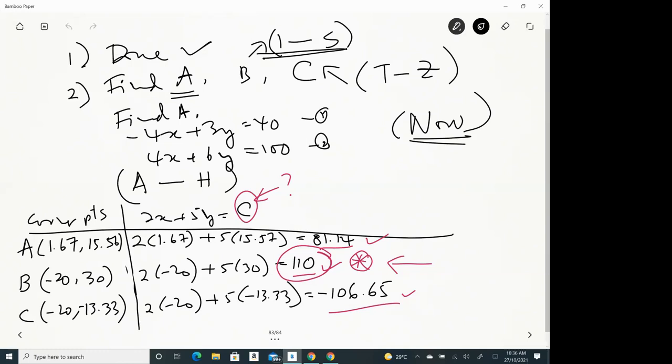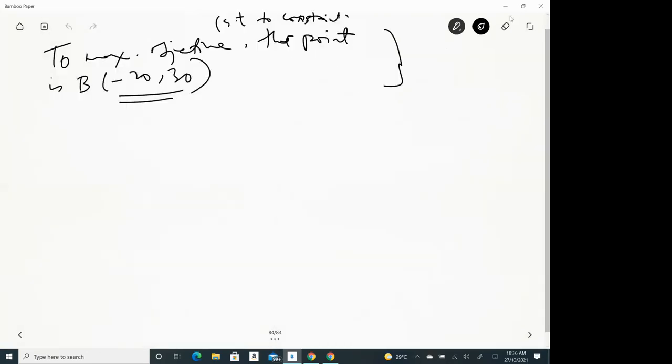What is the largest value? 110. Okay, the largest value is 110. And which point gives you 110? B. Okay, good, thank you. So that is how we get the point.